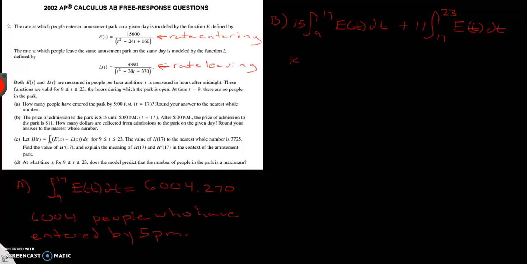Okay, so we know this is 15 times the 6,004, plus we know this is $11, but now we need to figure out how many people, so use your calculator. When I did it, I got 1,271. Actually, it was a little bit more, but you had to round down. So now when you do this, I got $90,060.